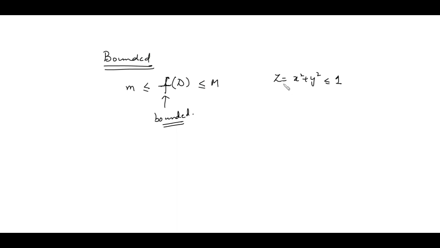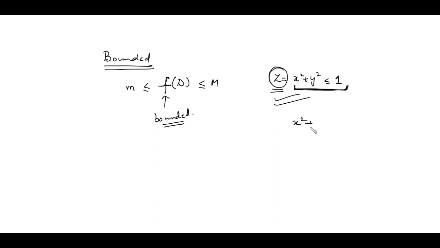It contains all those x, y belonging to the real numbers satisfying x square plus y square is less than or equal to 1. So clearly it is bounded because this z is always lying between -1 and +1, right? So this function is bounded.